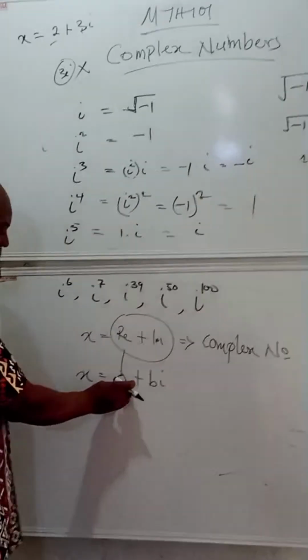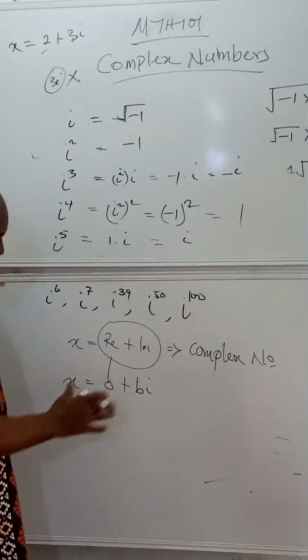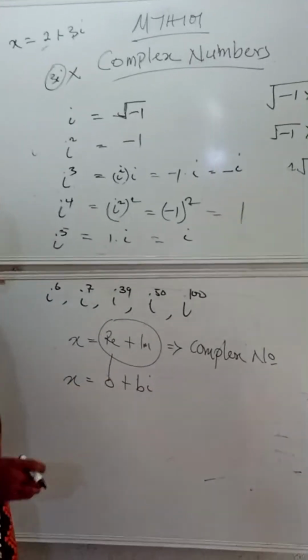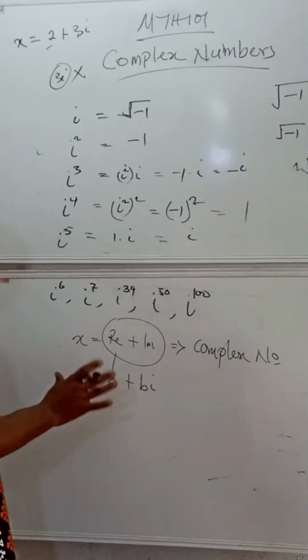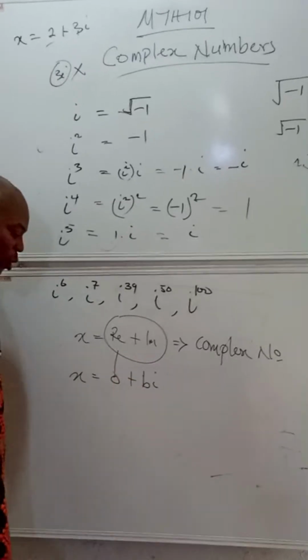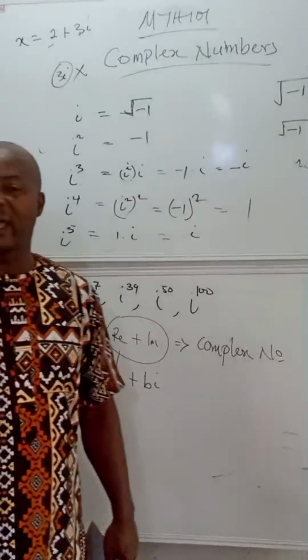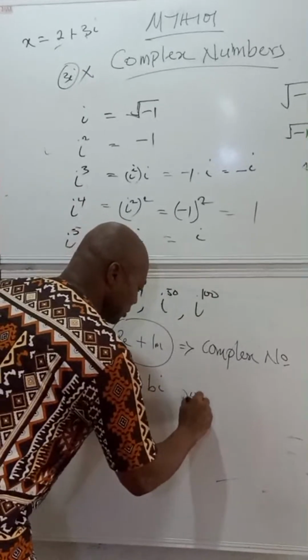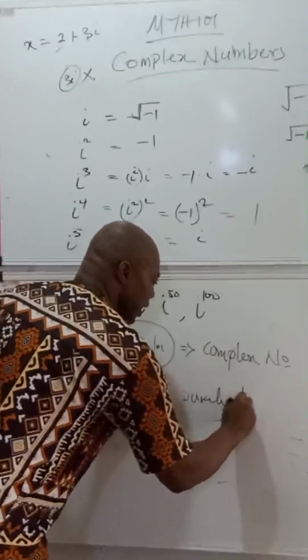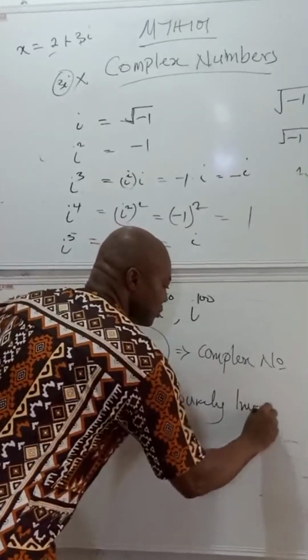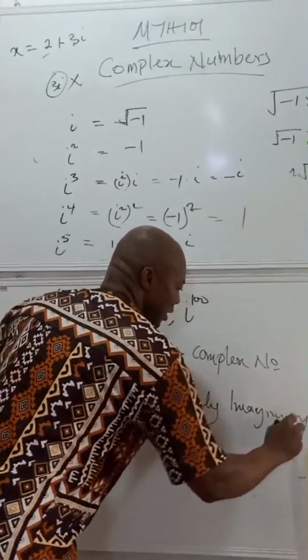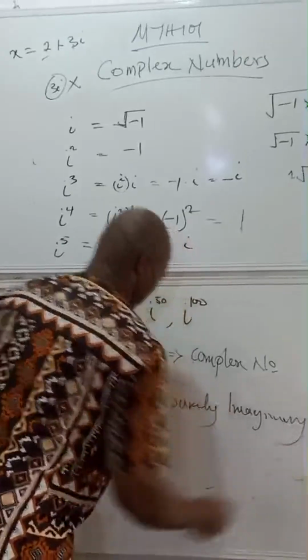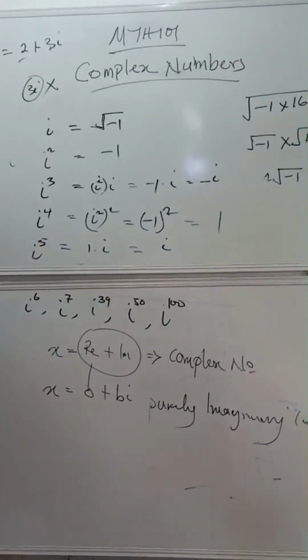In this case the real part is 0, and the imaginary part is significant, it is not 0. So this kind of complex number is called a purely imaginary complex number.